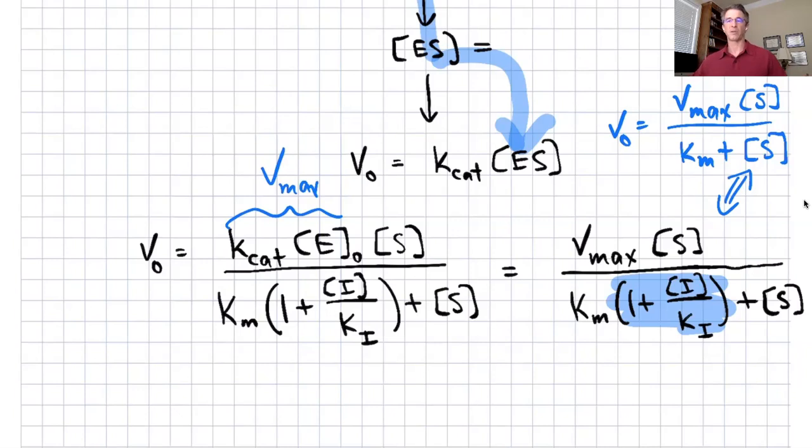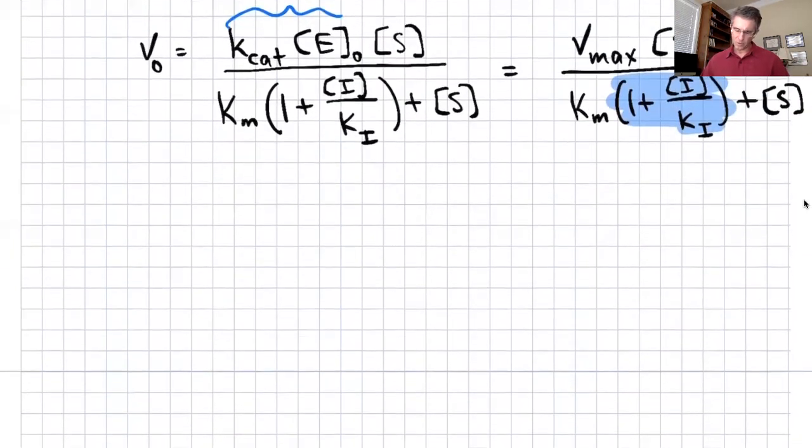The substrate's not binding as well, so we've got to put in more substrate to get the enzyme going at half saturation in the presence of the inhibitor. But you also notice something else. What happens to Vmax in the presence of a competitive inhibitor? Nothing. Competitive inhibitors have no impact on the ability of the enzyme to do catalysis. Therefore, Vmax is unaffected. What's affected is the ability of the enzyme to load with the substrate, because the competitive inhibitor is basically getting in the way.